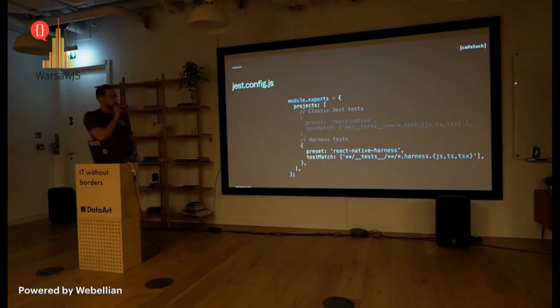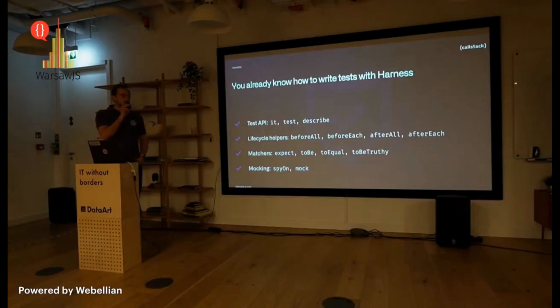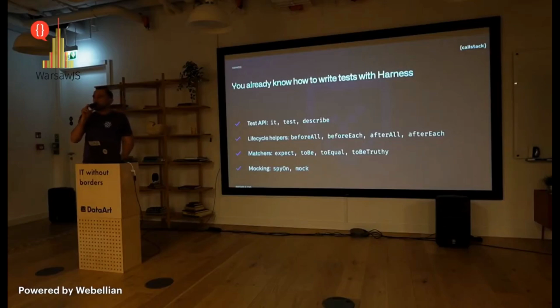So we need to say that, okay, we have those harness.js files, and those files are supposed to be run via Harness. That's why we are providing a second project with a second preset coming from React Native Harness, providing the glob pattern to Harness.